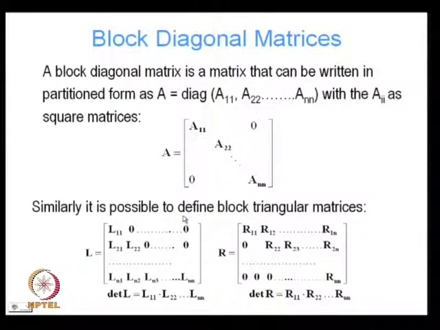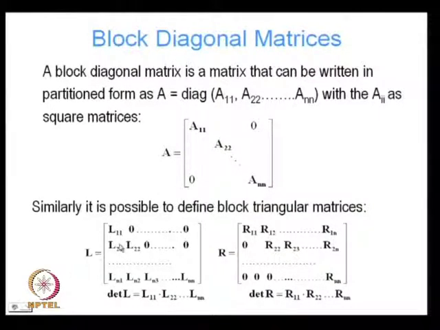Similarly, it is possible to define block triangular matrices, which have the same structure as triangular matrices, but instead of individual entries on the diagonal or below the diagonal, we actually have blocks of matrices at these locations.